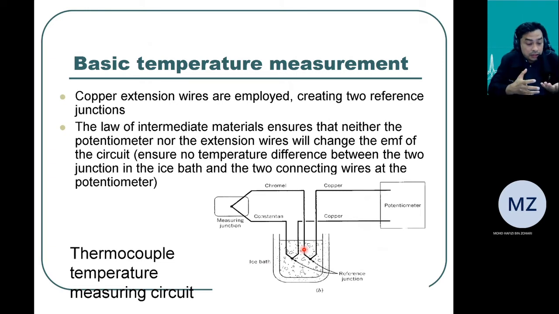So let's say we put more circuit, and then we add more junctions as shown in the figure. The law of intermediate materials says that although you have an additional junction, if that junction is at the same temperature, the total EMF is 0 and it will not create any voltage.